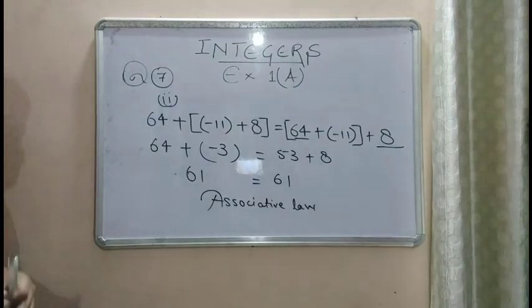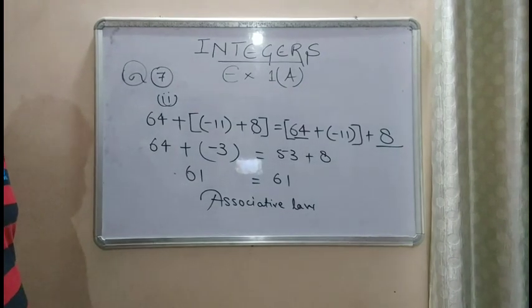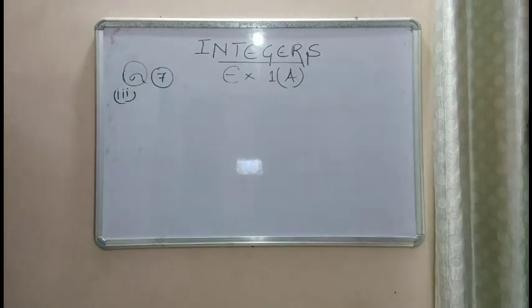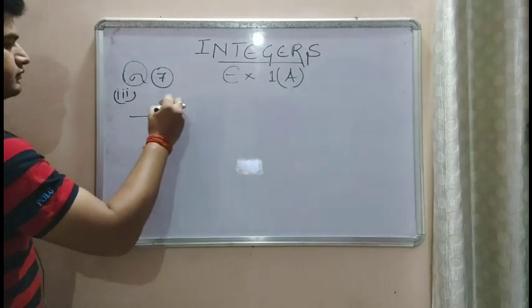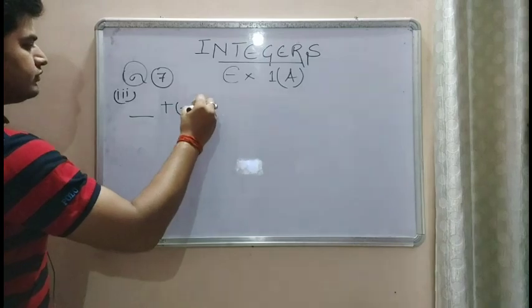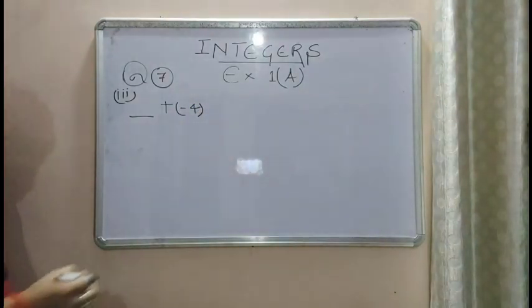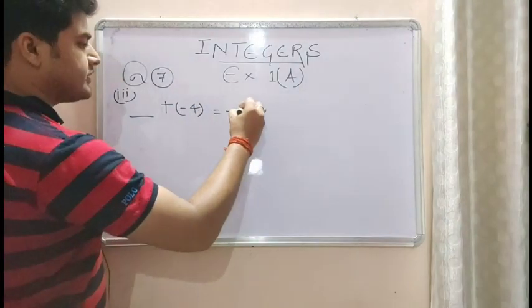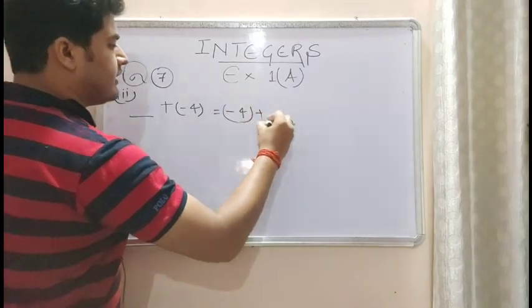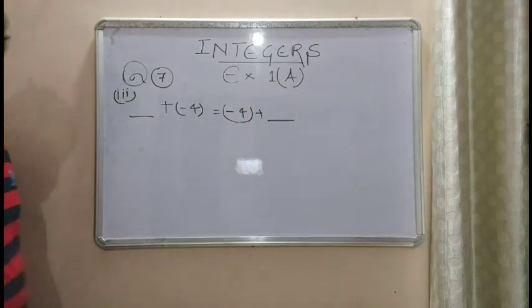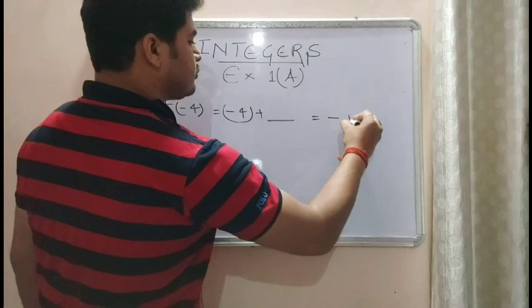Or associative property. The third one: there is a blank, then plus minus 4, then equals to minus 4, then there is again a blank, and then last there is equals to minus 4.